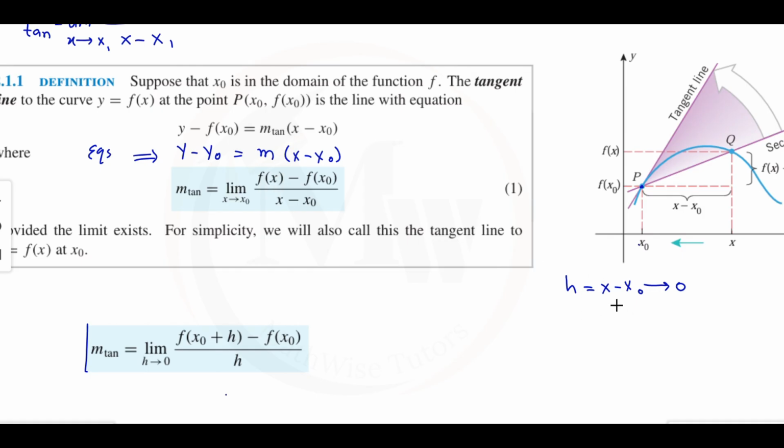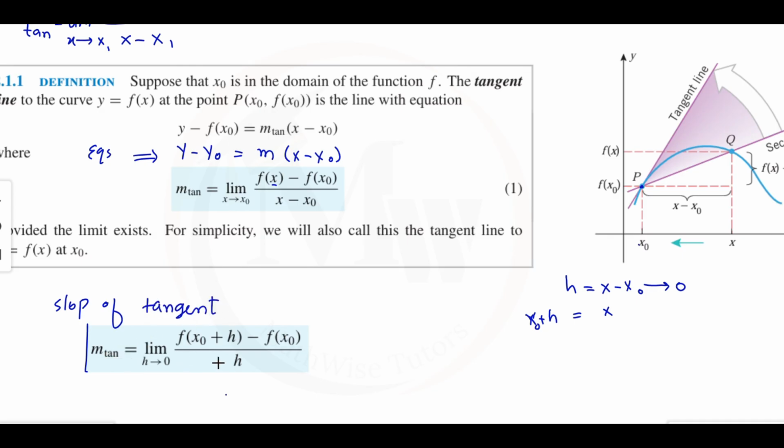If we take x naught to the other side, it becomes x naught plus h, so x naught plus h is actually equal to x. So in the place of x, we can write f of x naught plus h minus f of x naught, divided by h, with limit h approaches zero. So this is another definition of finding the slope of the tangent line.